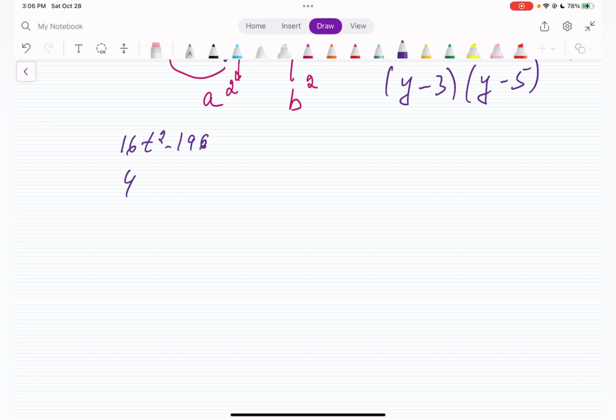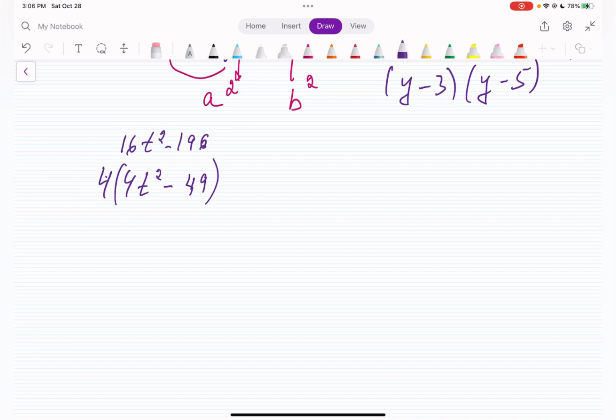And 196 divided by 4, it will be 49. Okay.